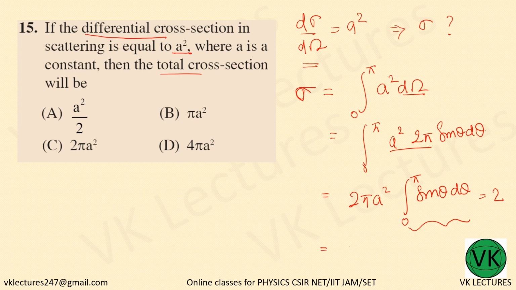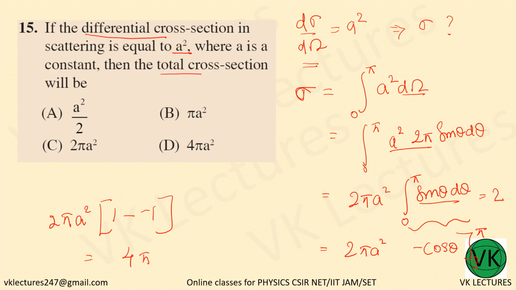Now we'll see that 2 pi a square into minus cos theta, from 0 to pi. Since it is minus, we will go with the lower limit. So 2 pi a square into cos 0 is 1 minus cos pi is minus 1, that's equal to 4 pi a square. So your option D.